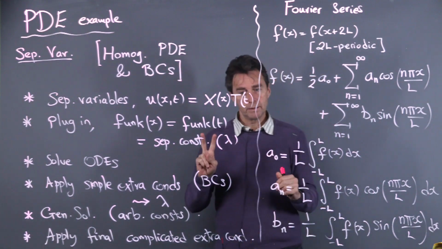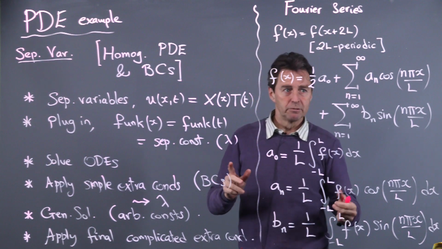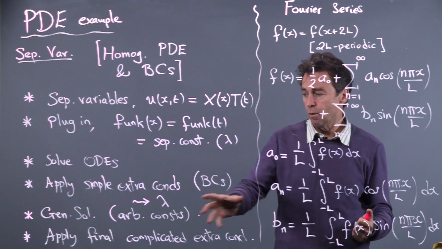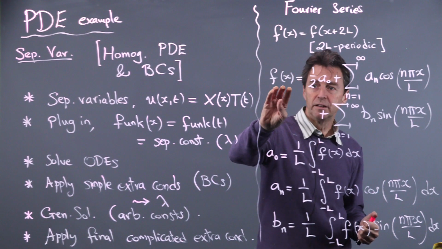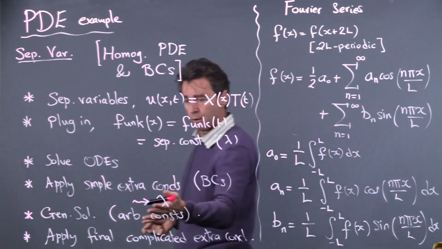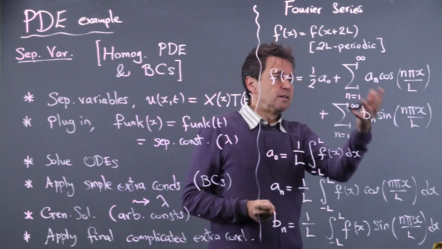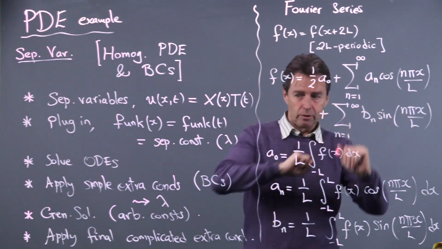So the two bits of the Fourier series theory that we really use are, one, the justification of how, in this problem over here, we can take this seemingly arbitrary initial or boundary condition and represent it in the way that we need to do. So there's a sort of proof of concept that we have to go through.